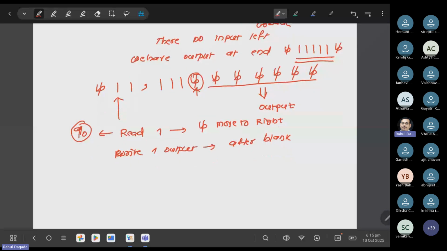Now we need one state which will go till the end. Okay, so we need another state by which the head will move to the end.